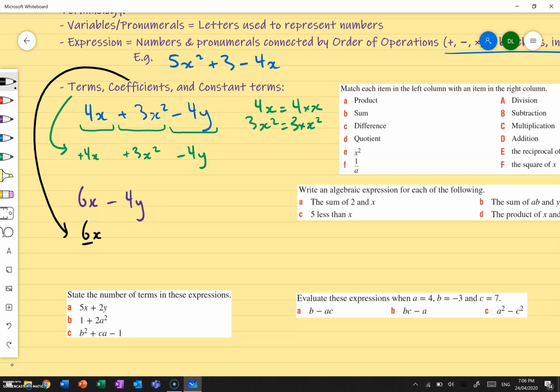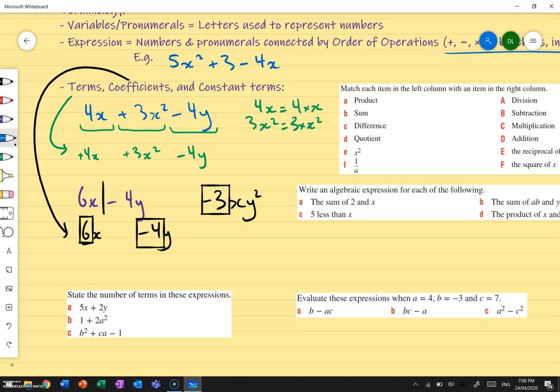The coefficient of negative 4y, because remember I'm cutting it off here, is negative 4. So it's the number in front of the pronumeral. If my term was negative 3xy squared, my coefficient is negative 3. That's how we find our coefficient.